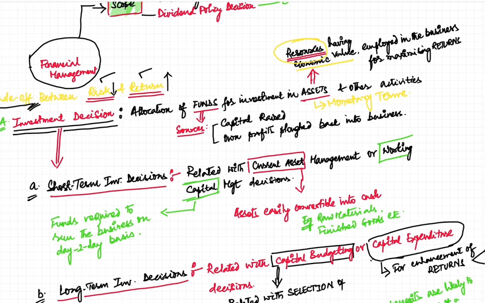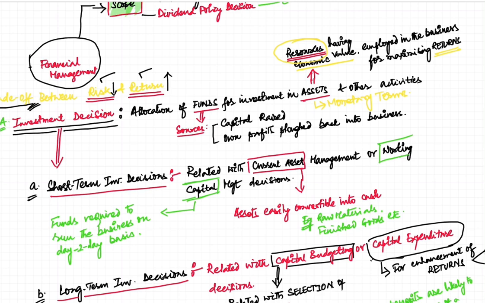These are resources having economic value, employed in the business for maximizing, again, returns. So, investment decisions are related with allocation of funds for investment in assets and other activities. These are the decisions related with investments.